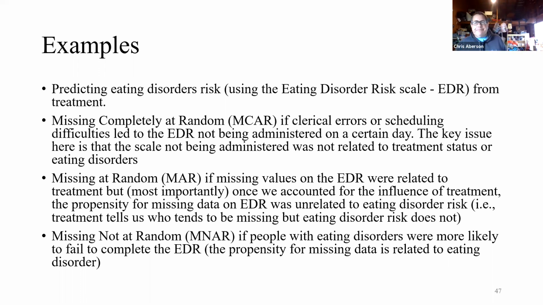Missing at random would be cases where values on the eating disorder scale were related to the treatment, but once we accounted for the influence of treatment, the propensity to be missing on that scale becomes unrelated to eating disorder risk. That is, the treatment tells us who tends to be missing, but eating disorder risk does not. And then missing not at random if people with eating disorders were more likely to fail to complete the EDR. That means the propensity for missing data is related to eating disorders.